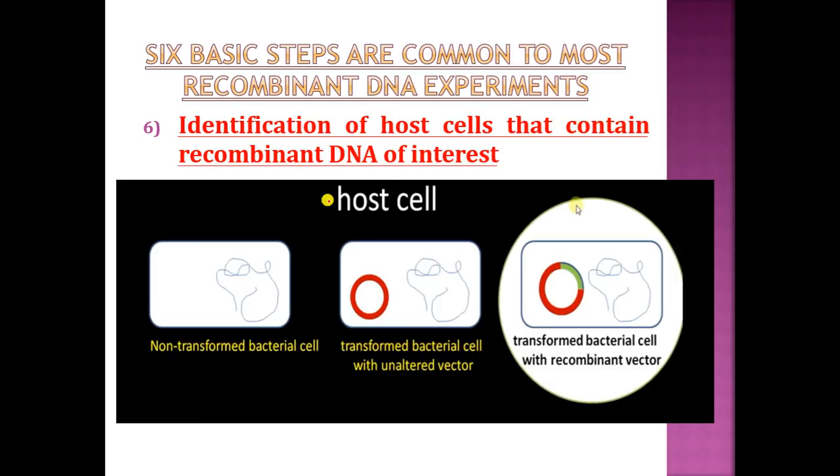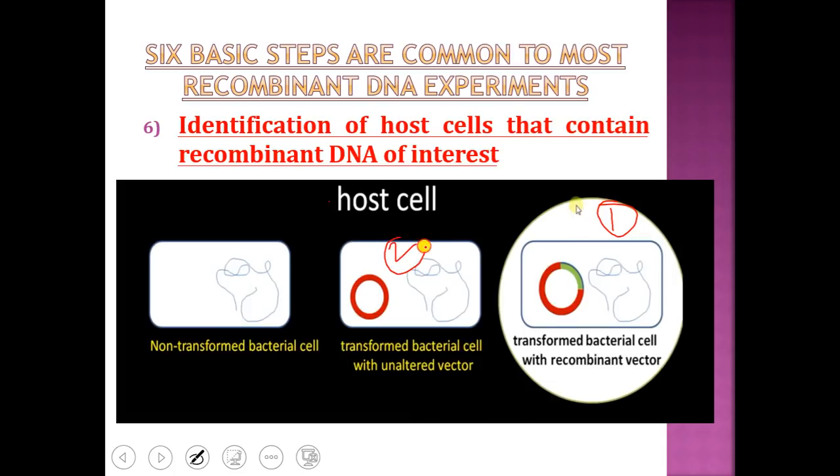Now when we introduce this vector into the host cell, there are three possibilities. The first one is that the host cell will get our vector with the recombinant, or with the gene of interest. That is what we require.